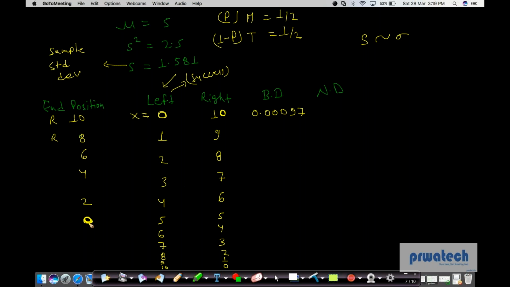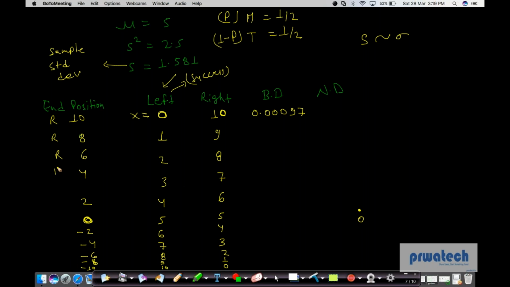This is the area where you are standing, the 0th value. 4 minus 6, minus 2, 3 minus 7, minus 4, 2 minus 8, minus 6, 1 minus 9, minus 8, 0 minus 10 is minus 10. This is what is my end position.